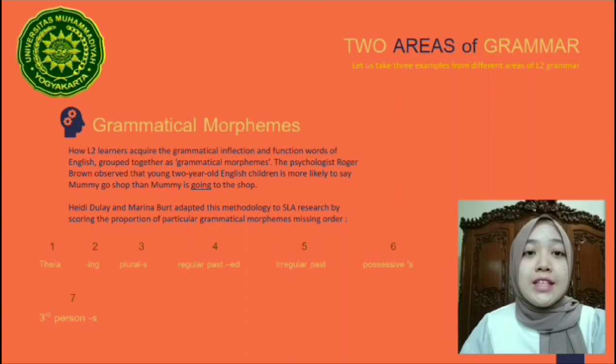To generalize from this, grammatical elements of a second language are learned in a similar order, varying only slightly according to their first language or the teaching method they have encountered. This particular point was confirmed time and again in different areas of SLA research.